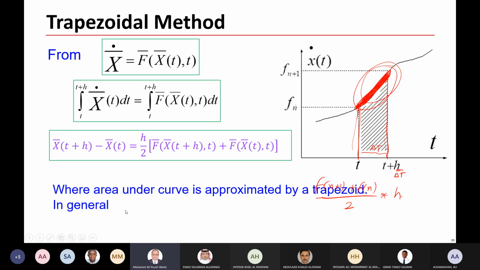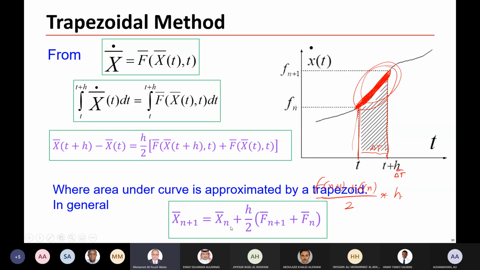So you can easily write x of t plus h equal to x of t plus this area, this trapezoidal area. So you can recursively write x of k plus 1 equal to x of k plus h over 2, or delta t over 2, multiplied by the function at the beginning and at the end. So x of n plus 1 equal to xn plus h over 2 times f of n plus 1 plus f of n.